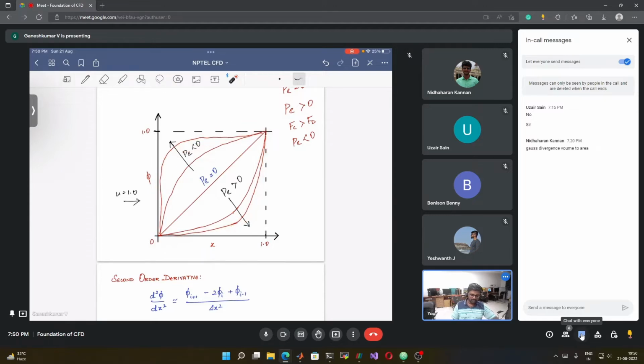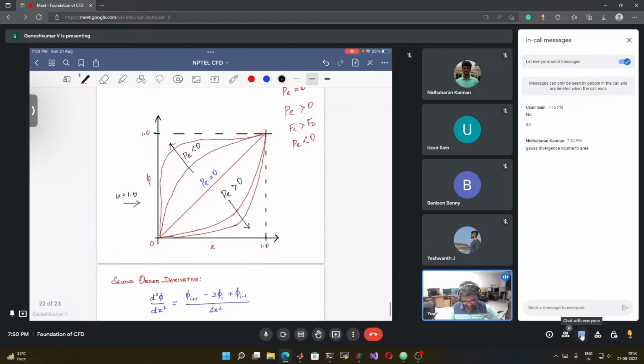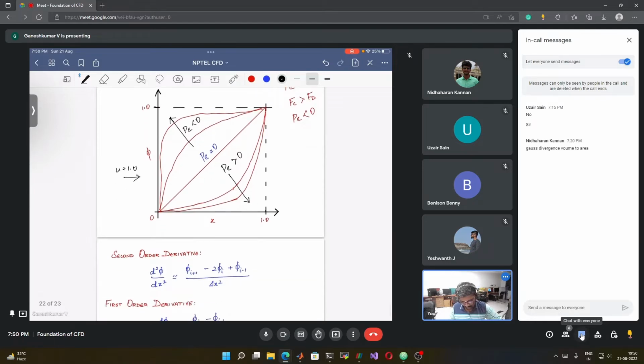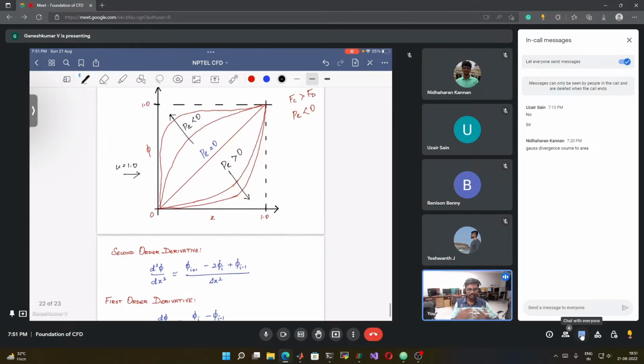Why we do this is that our aim is to model it using the finite difference method and to compare the numerical solution with the analytical solution.